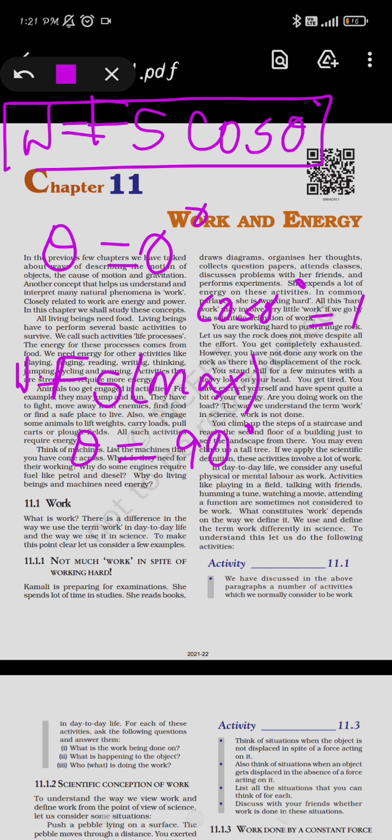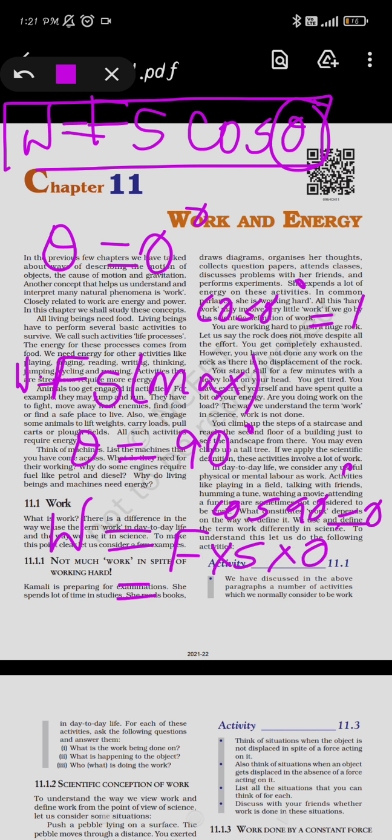Means between the force and the displacement there is an angle of 90 degree. So now theta's value will be 90 degree. So again work done's value will change. Now cos theta will be cos 90, and cos 90 degree gives 0. So f into s into 0 will be 0. So work done is 0. In this condition, if you take 90 degree orientation to pull any object, the work done will be minimum.